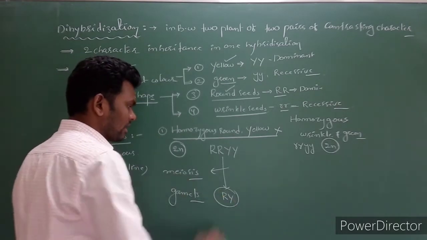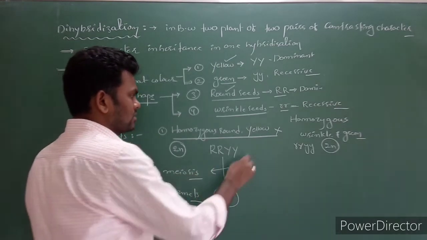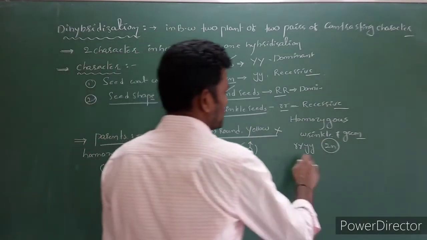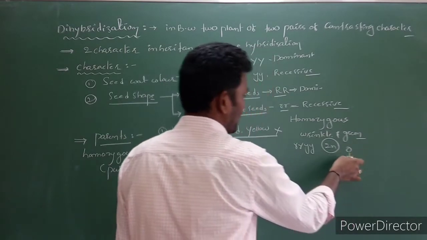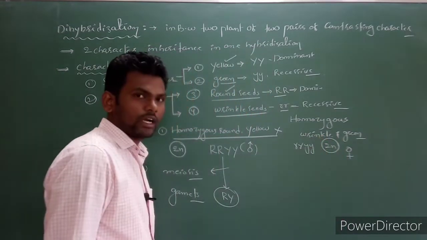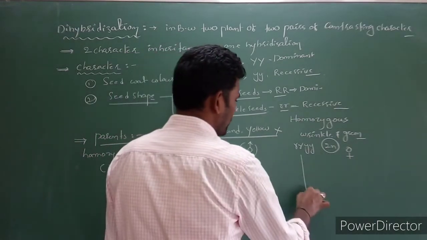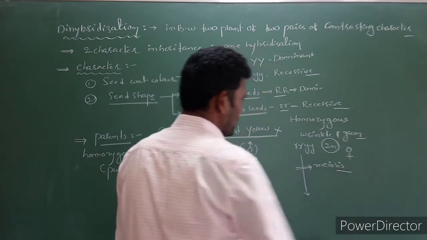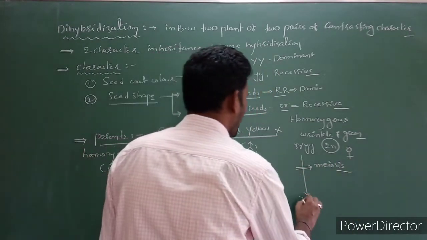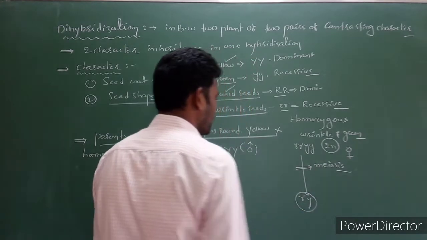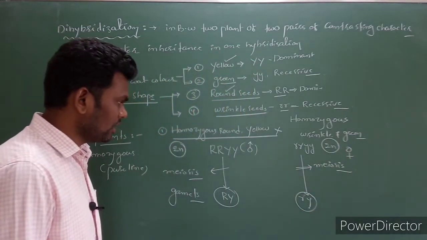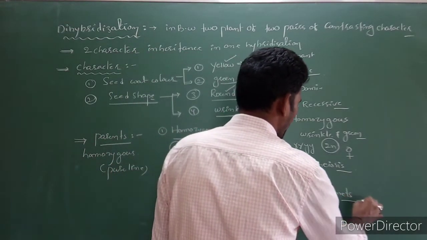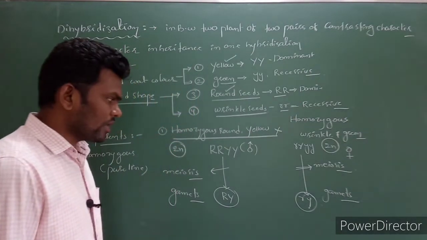This is the gamete of one plant, which we consider the male. And here choose the female plant, which contains the recessive characters. Next, meiotic division forms small r, small y, small r and small y. So these are gametes.